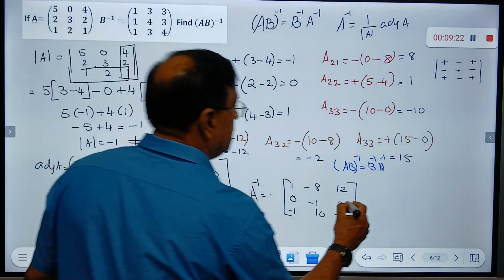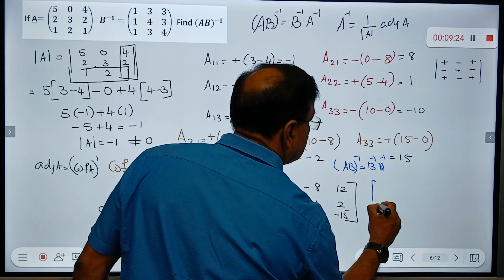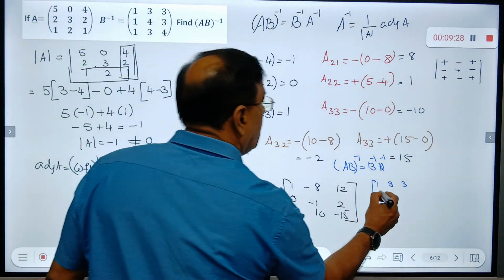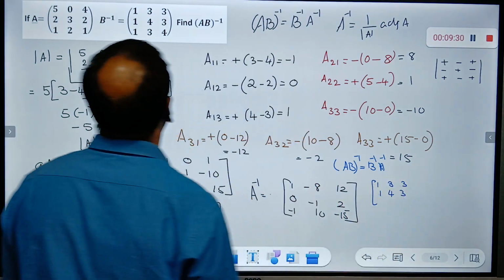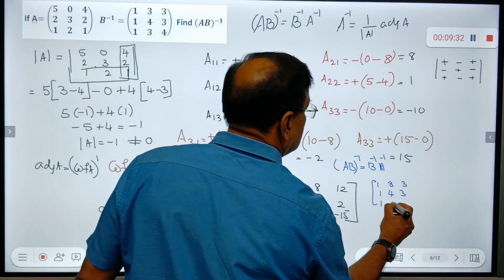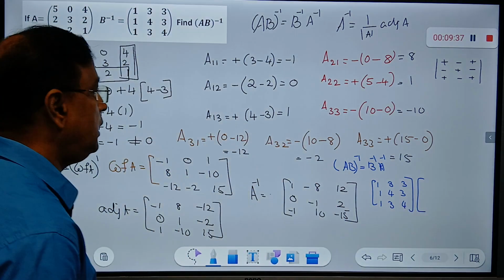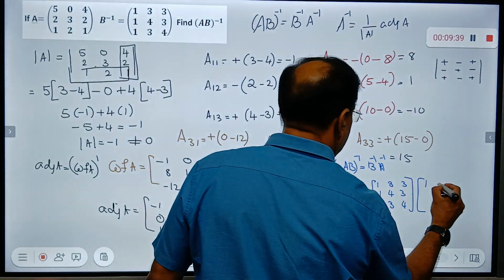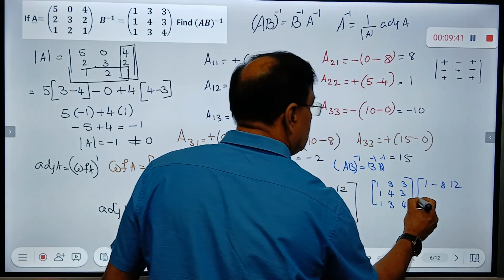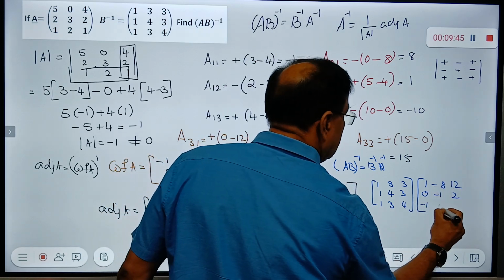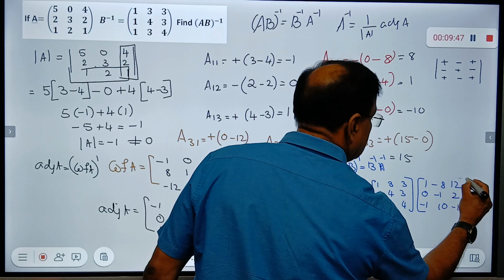B inverse is 1, 3, 3, 1, 4, 3, and 1, 3, 4. And what is A inverse? A inverse is 1, minus 8, 12, 0, minus 1, 2, minus 1, 10, and minus 15.